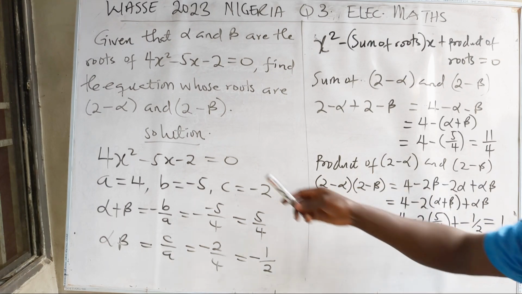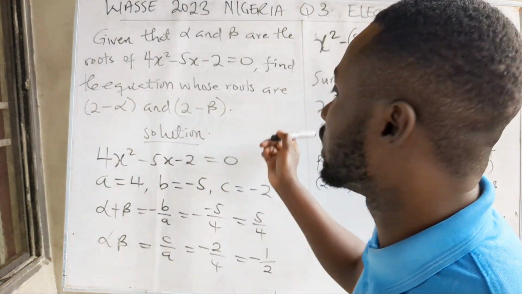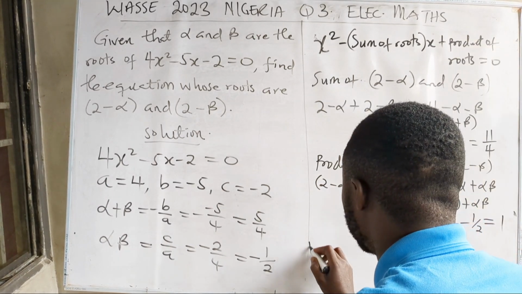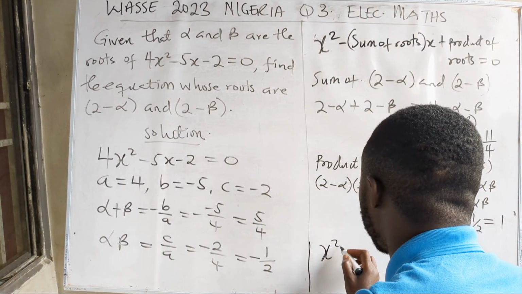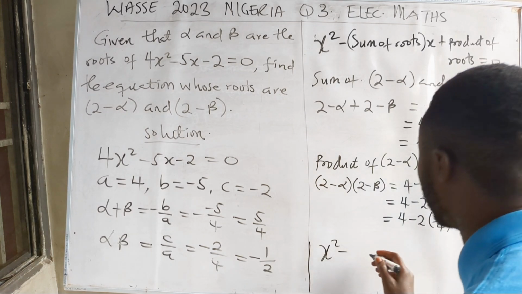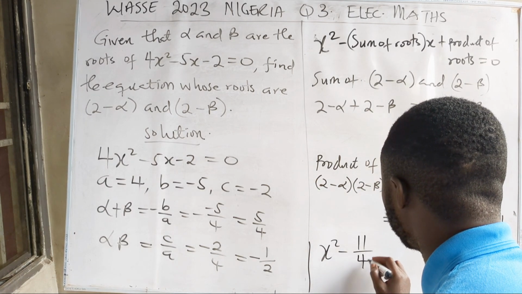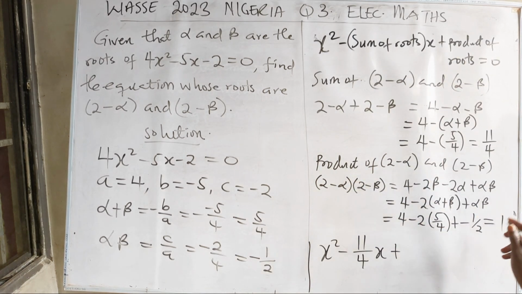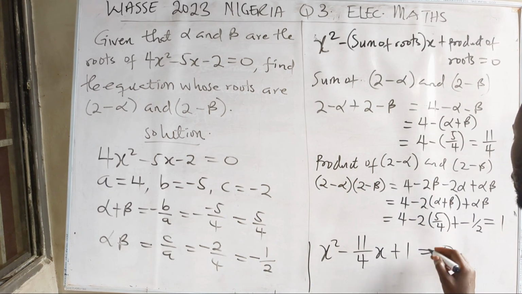So now we can write our equation. What will be our equation? Our equation will be x squared minus the sum, which is 11 on 4, so minus 11 on 4 x, plus the product, which is 1, equal to 0.